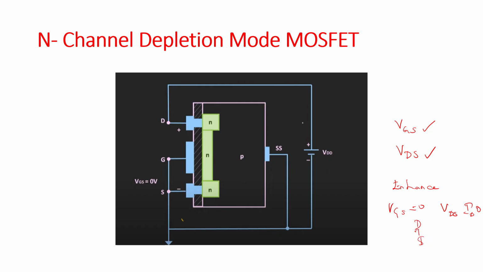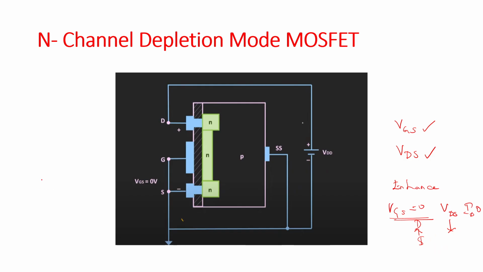So no movement of majority charge carrier takes place in this condition. But in the depletion type, when VGS is equal to 0 and when we apply VDS, the movement of majority charge carrier takes place, because the channel is existing and there is a pathway between source and drain.